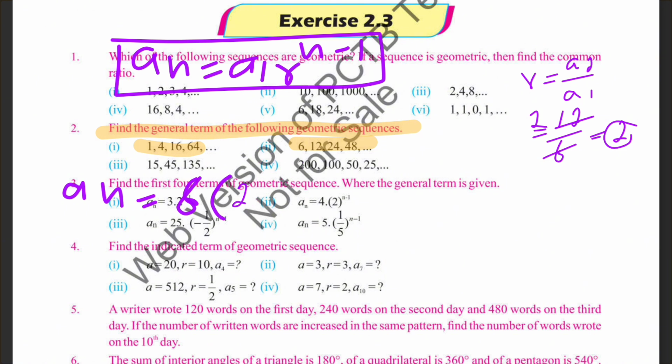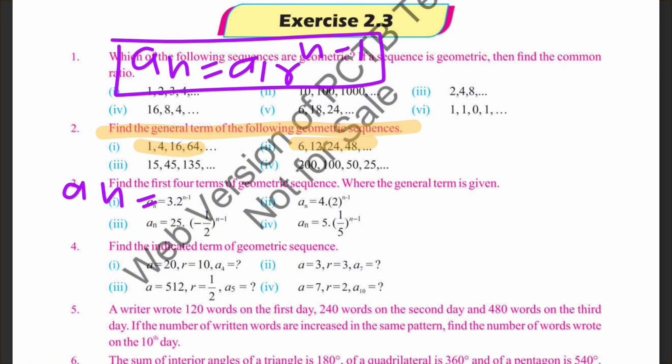Okay, next, third part. r is equal to a2 over a1.